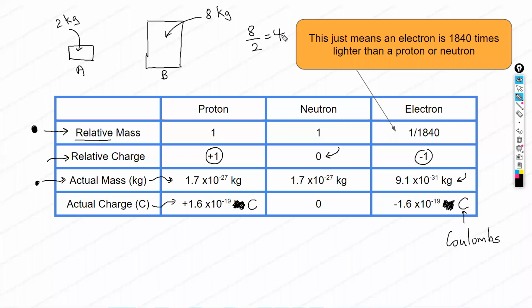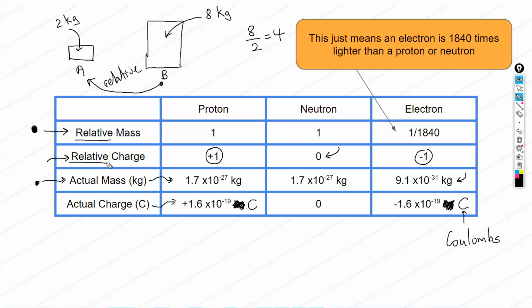But let's use some technical language now. The block B relative, right? Relative means you are comparing it to something else. So block B relative to A is 4 times heavier. So I kind of used the word relative in a sentence. Keep that in the back of your head, that the word relative means you are comparing it to something else.